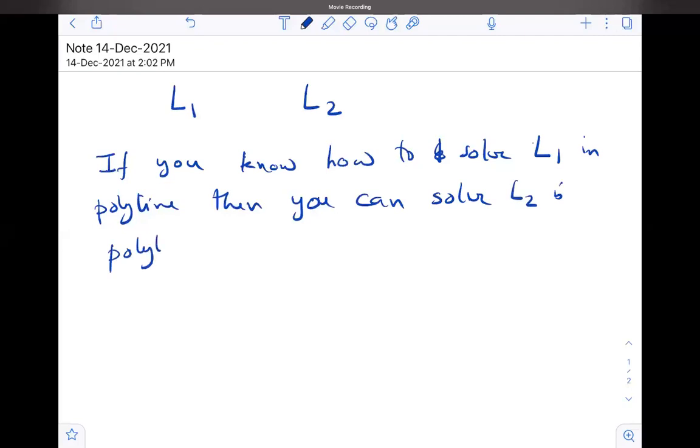Now, in this case, which is harder? Is it L1 the harder problem or L2 the harder problem? So L1 is the harder problem. No, L2 should be the harder problem.